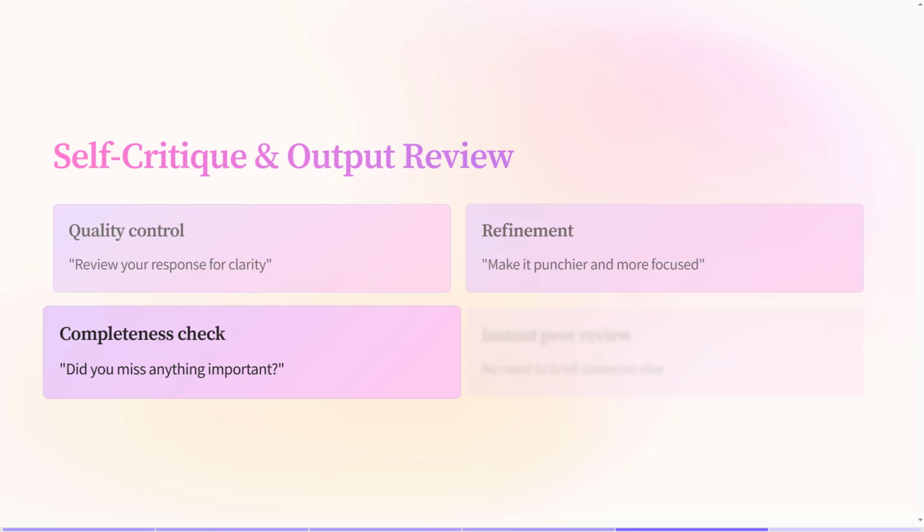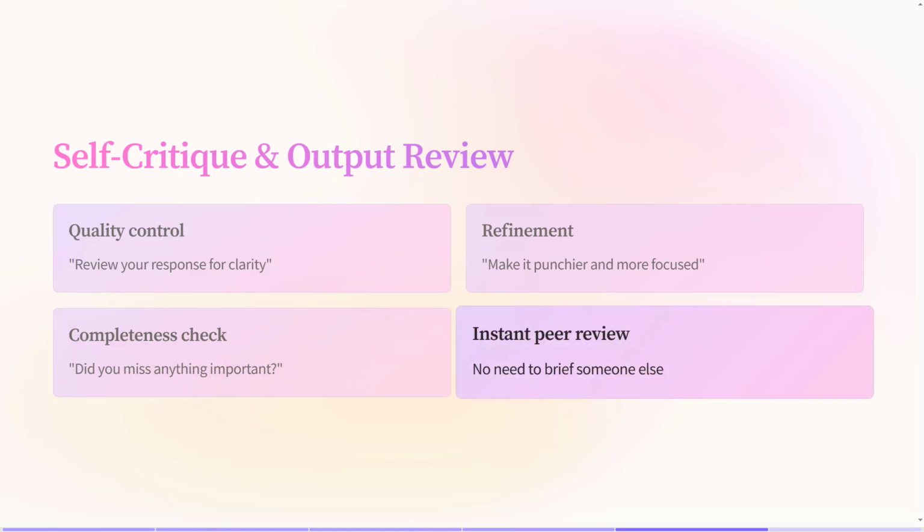And once you have started to use GPT to critique itself, to review its own output, it's almost like you have an instant peer review. Rather than getting your colleague to check your work, you've now got GPT checking your work, or GPT checking the outputs.